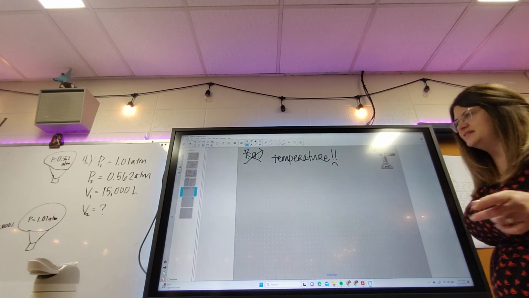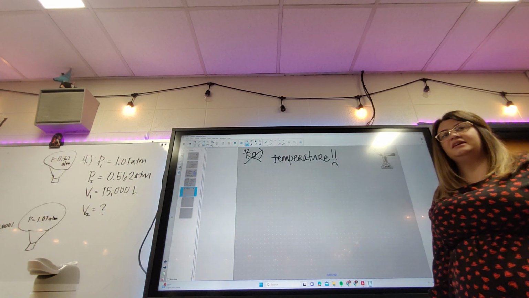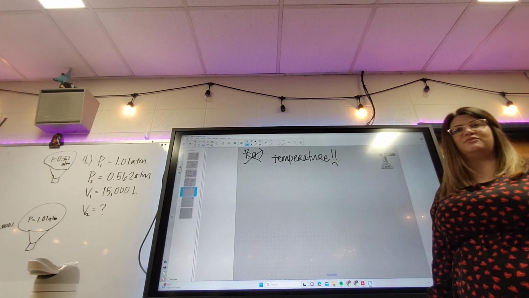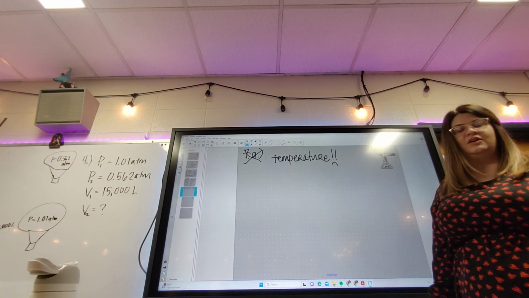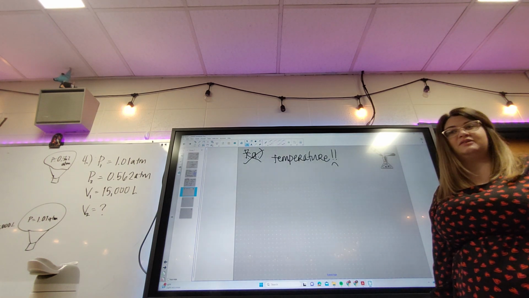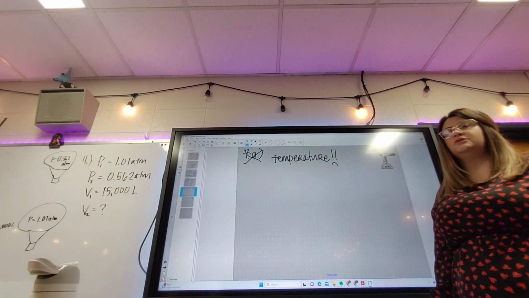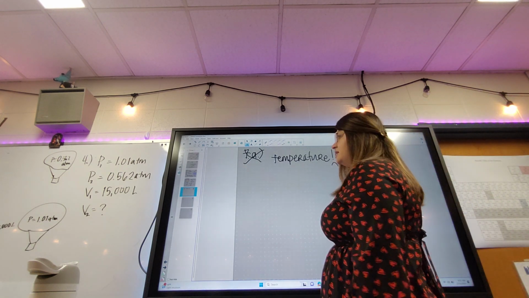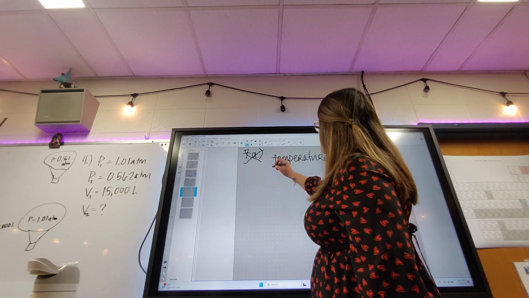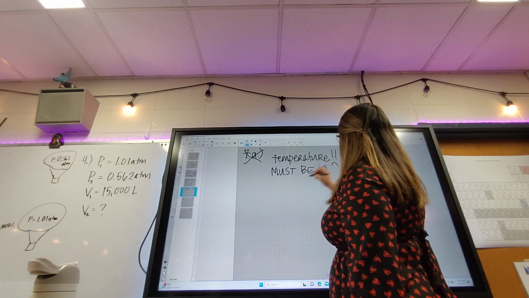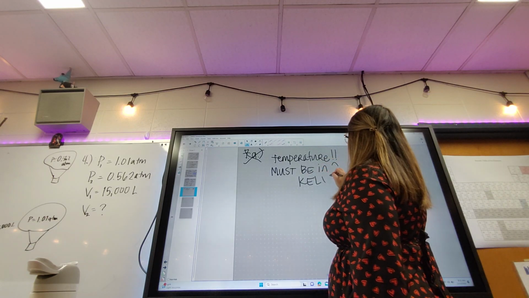The reason is a lot of times gases exist in really nice conditions at 0 degrees Celsius, which is when water freezes. But we can't multiply by 0 and we sure as heck can't divide by 0. So when we are using our gas laws, any of them, temperature must be in kelvins.